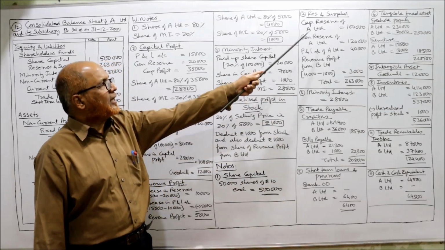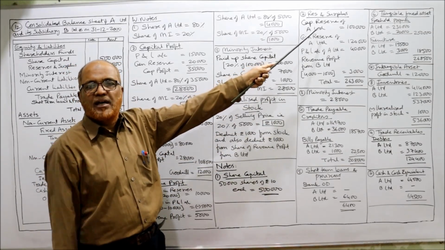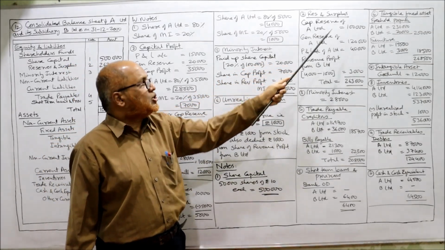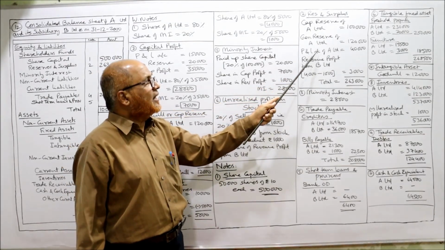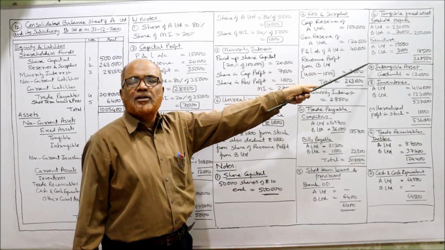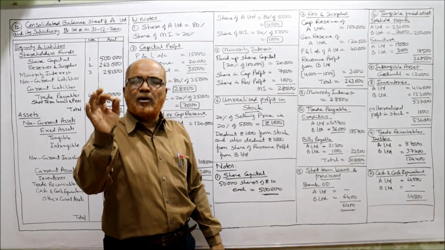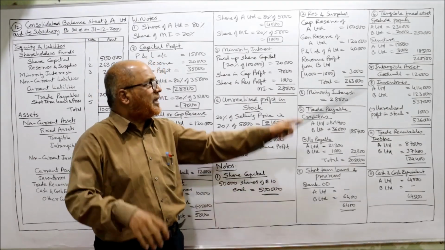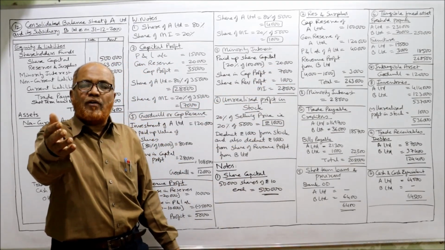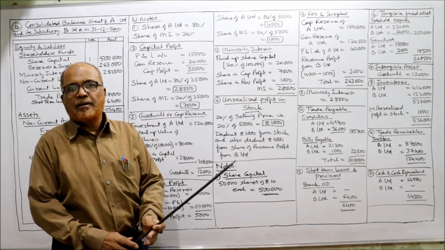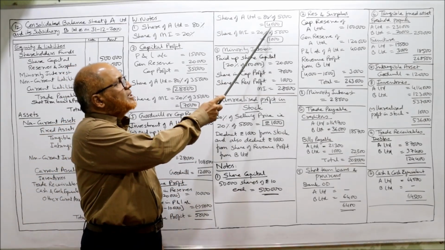So A Limited is showing capital reserve. In the balance sheet you can see capital reserve of A Limited, general reserve of A Limited, profit and loss account of A Limited. So all of A Limited's capital reserve, general reserve, P&L account. Revenue profit earned from B Limited, share of revenue profit from B Limited is 4,000.